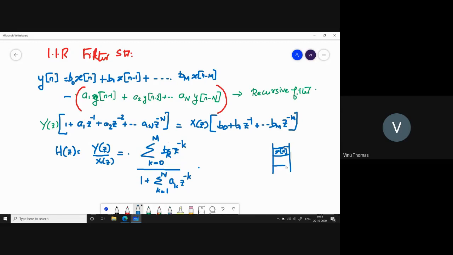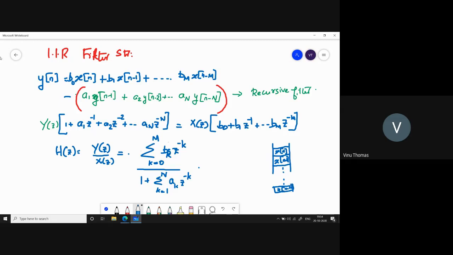So maybe I can look at the previous sample x of n minus 1 stored here, and likewise x of n minus 2, etc. This is stored in several memory locations: x of n minus 1, x of n minus 2, etc., to x of n minus m. How many memory locations are required to store this?